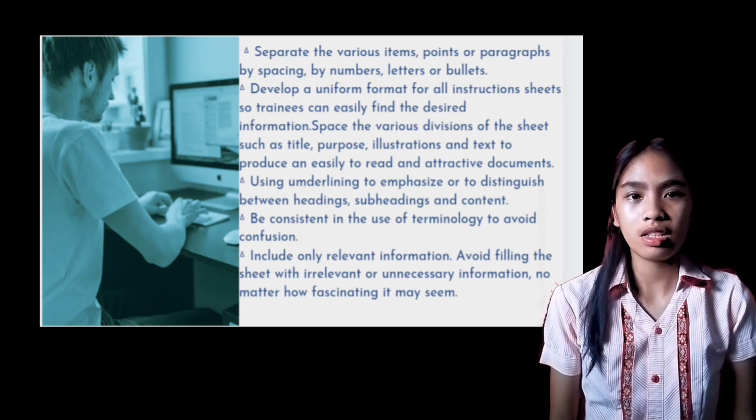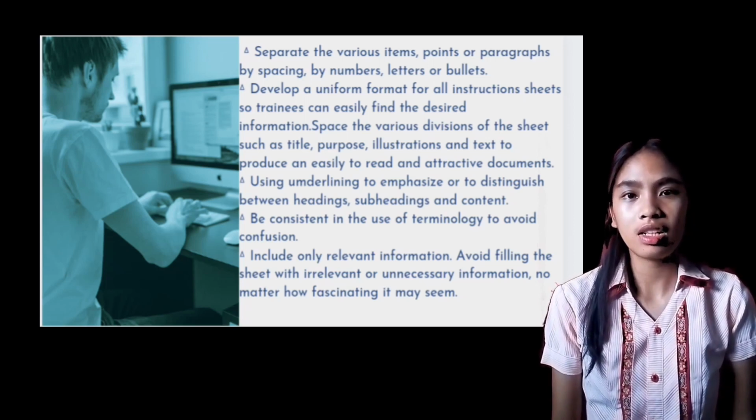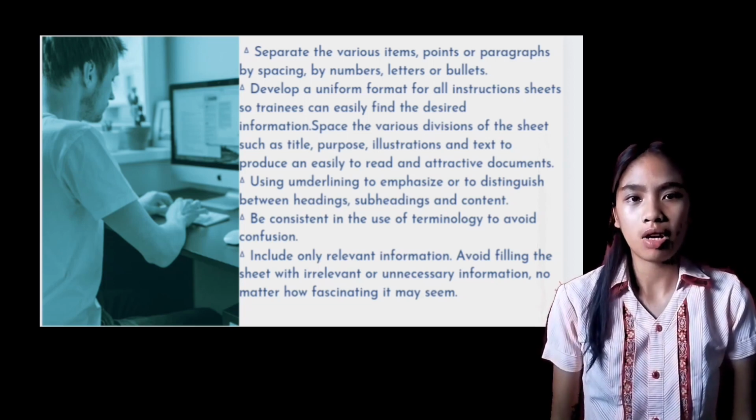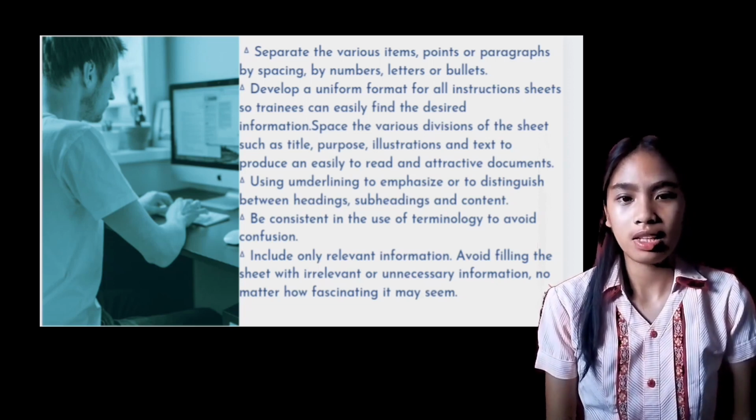Also, be consistent in the use of terminology to avoid confusion. Last, include only the relevant information. Avoid filling the sheet with irrelevant or unnecessary information, no matter how fascinating it may seem.